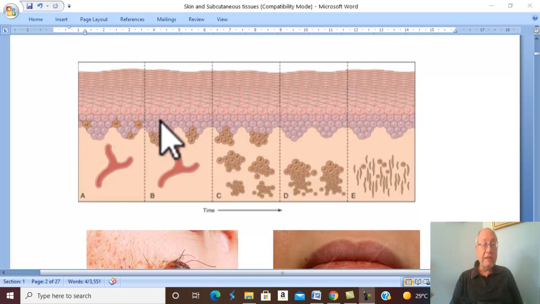The basal layer rests on the basement membrane, and in between the basal cells there are scattered large clear cells called melanocytes.